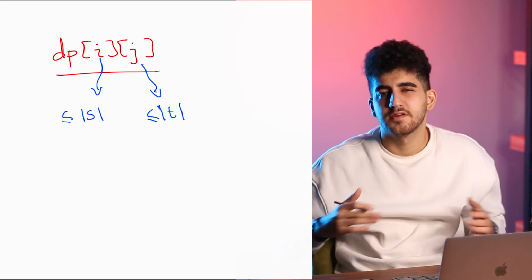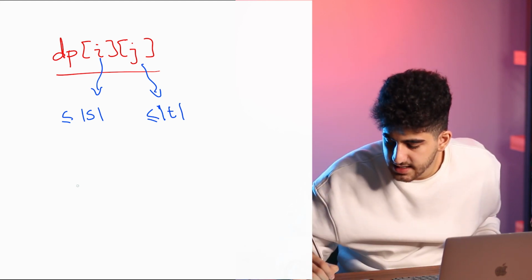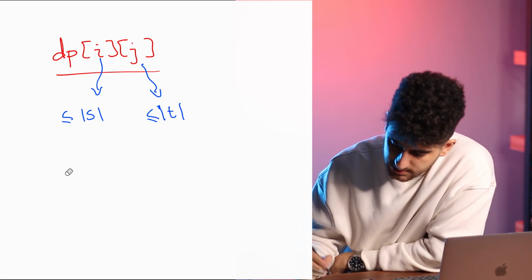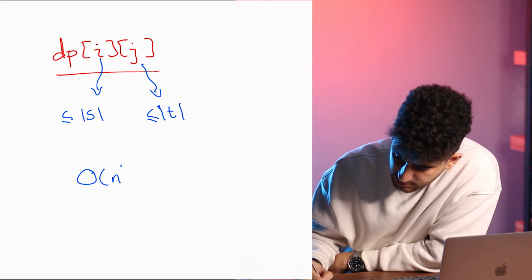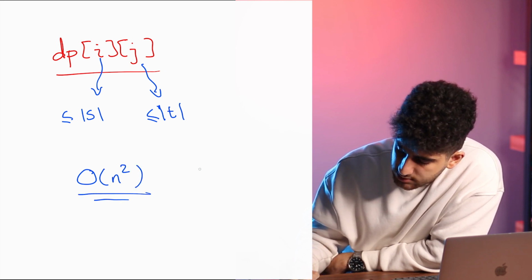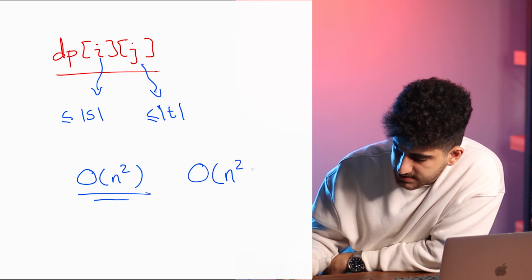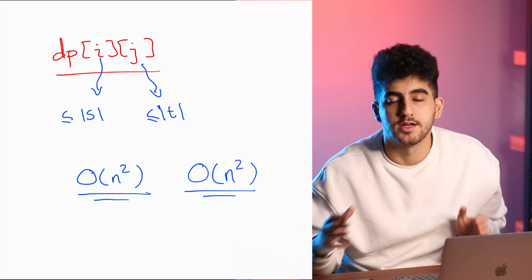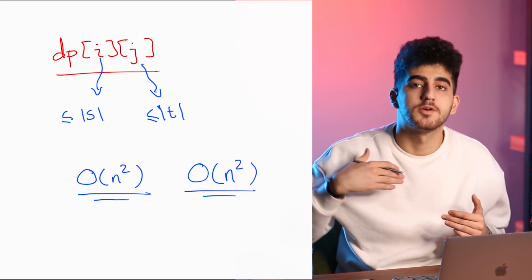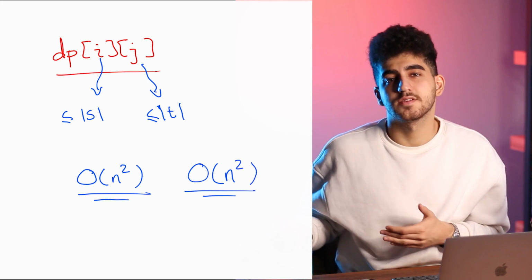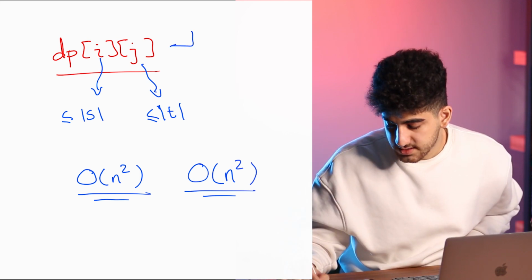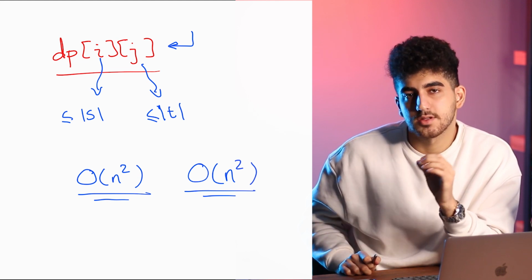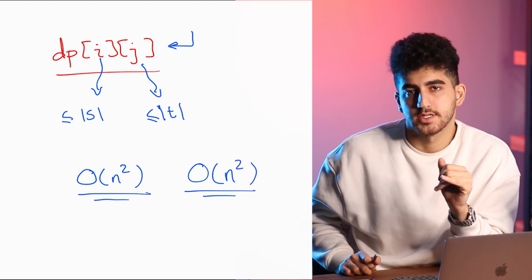If we assume the lengths of these two strings are at most n, my time complexity will be O of n squared, and my memory complexity will be O of n squared as well, because my memory uses 2 dimensions and each of them is at most n, and my time is O of n squared because I update each dp value in O of 1. So both are up to n squared.